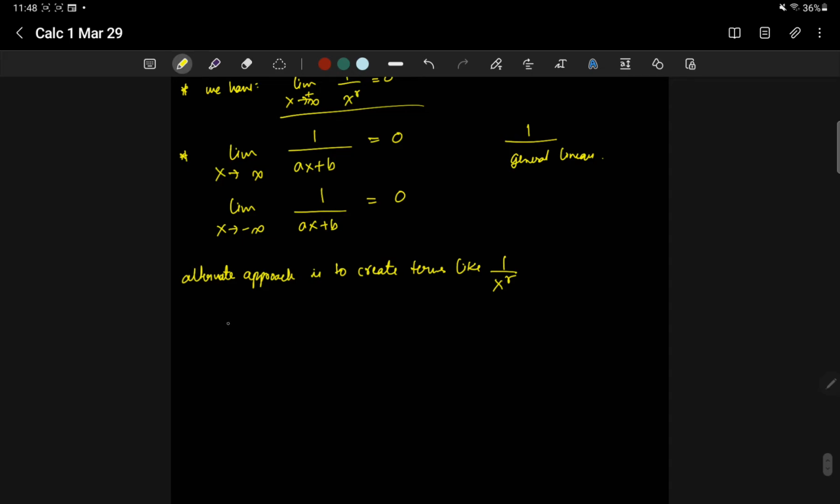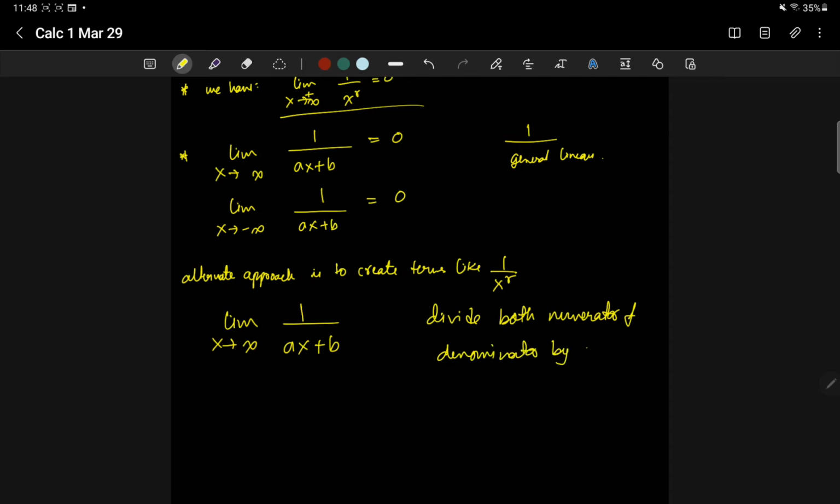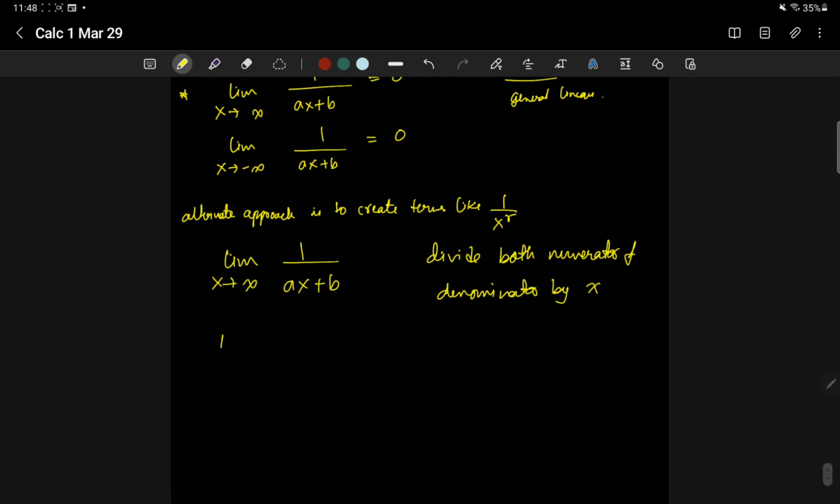So one way to do that would be to start with the 1 over linear function and then divide both the numerator and the denominator by x. So you get the limit as x goes to infinity of 1 over x over ax plus b over x.